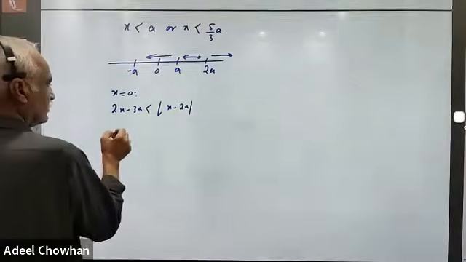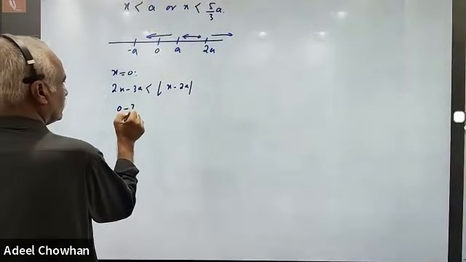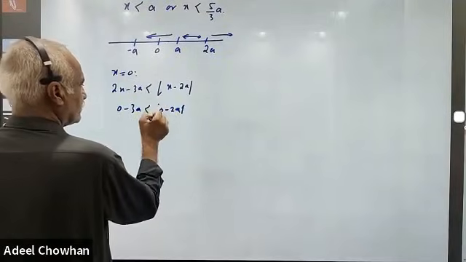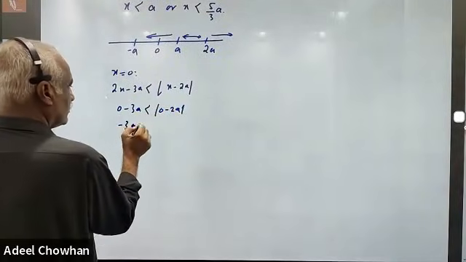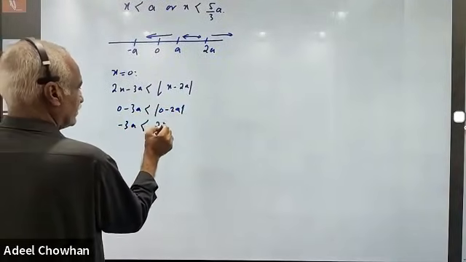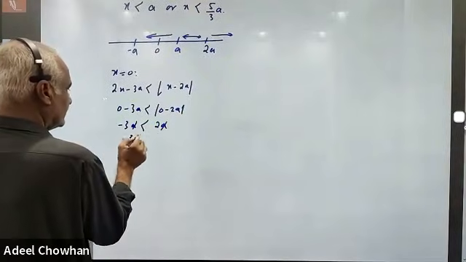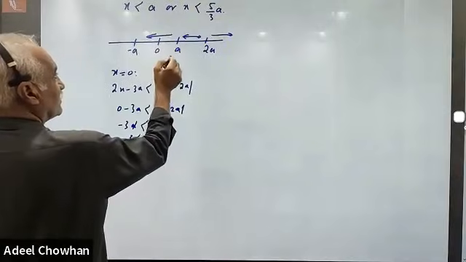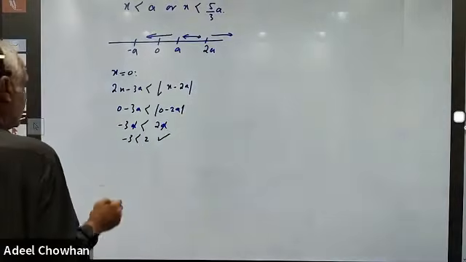You put x is equal to 0. Minus 3a is less than 0 minus 2a. Minus 3a, modulus of that thing is 2a. So minus 3 is less than 2, which is true. So it means before a, it is true.